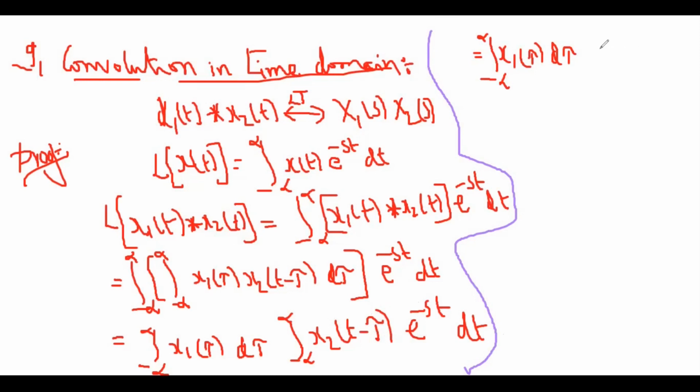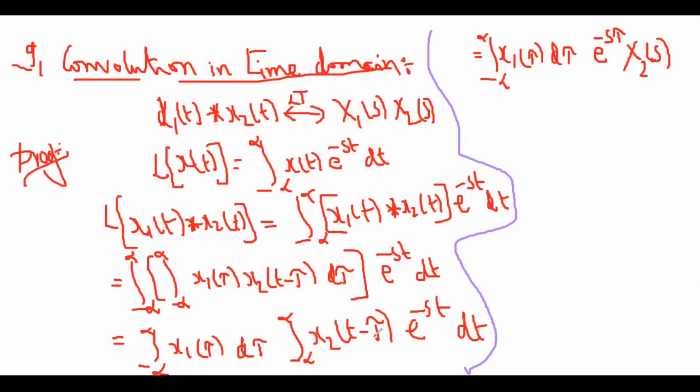It gives e power minus s into (t minus tau) here, e power minus s tau, x2 of s actually. So it is x2 of s. Got it, my dear students? You got the definition of the second property, t minus tau.